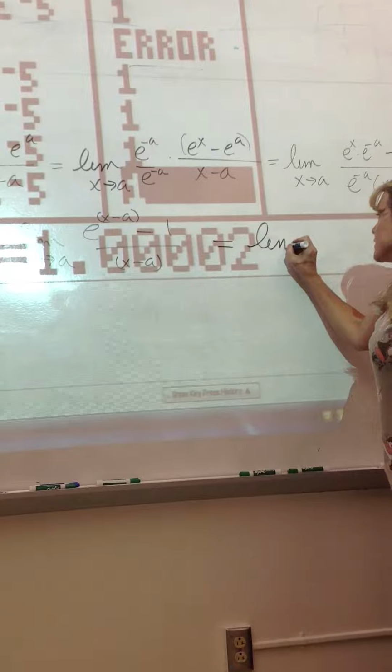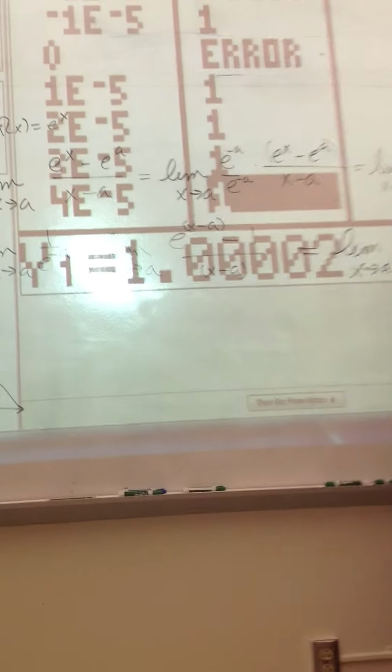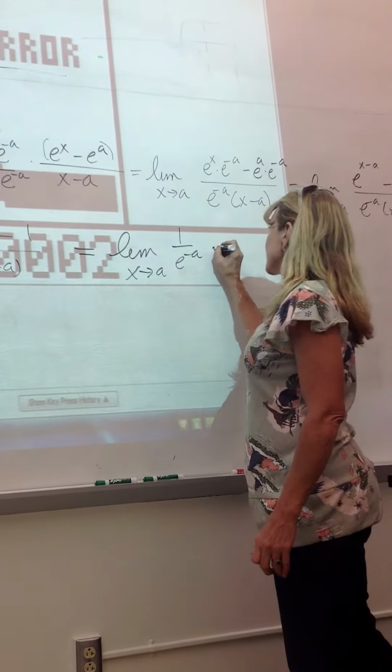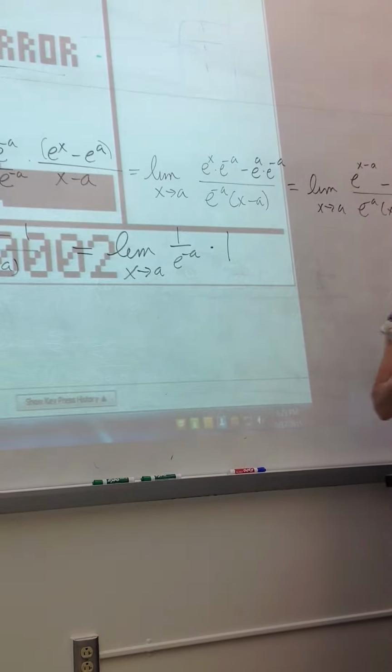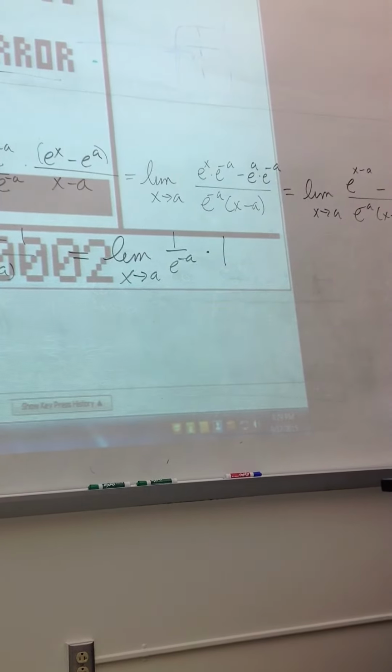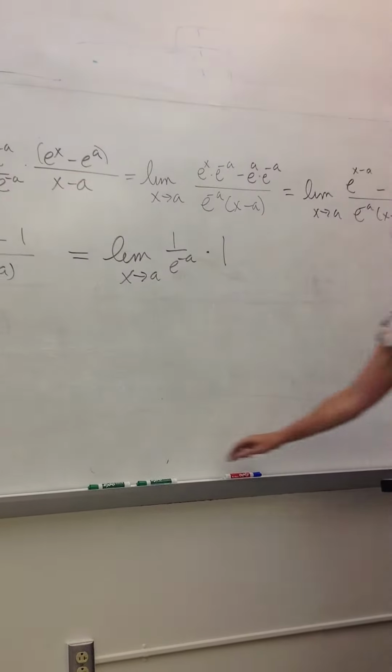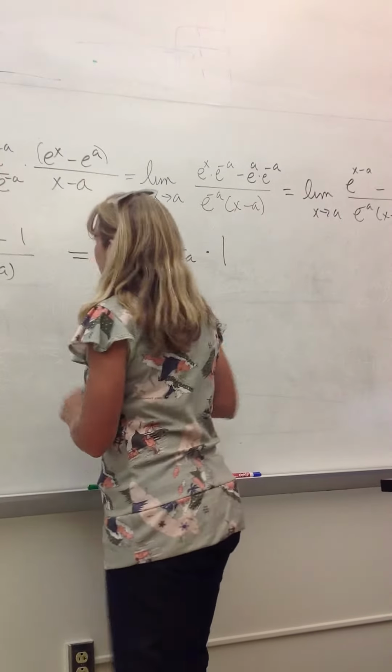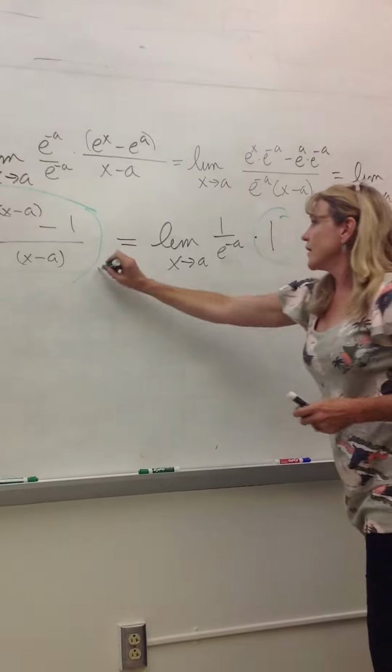So this turns into the limit as x goes to a of 1 over e to the minus a times 1. Okay, so again, this is just equal to 1.